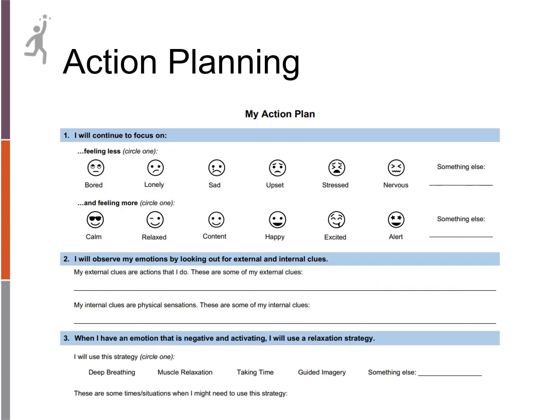In the next section of the group meeting, students will develop an action plan for themselves to use the strategies from the POWER program after the group has ended. In the student book, there is a planning form for students to complete.